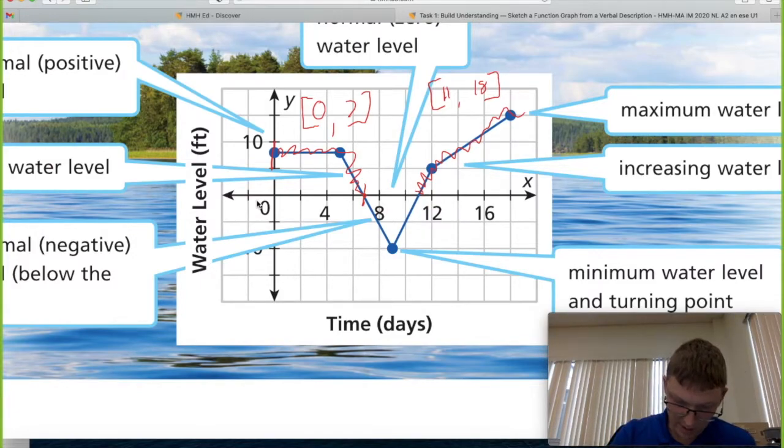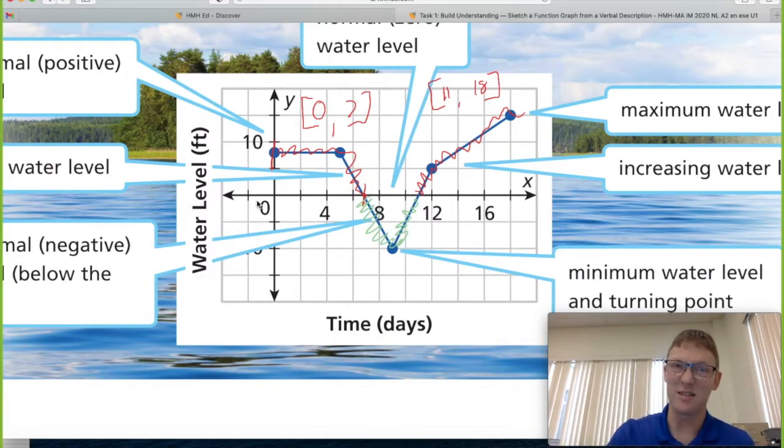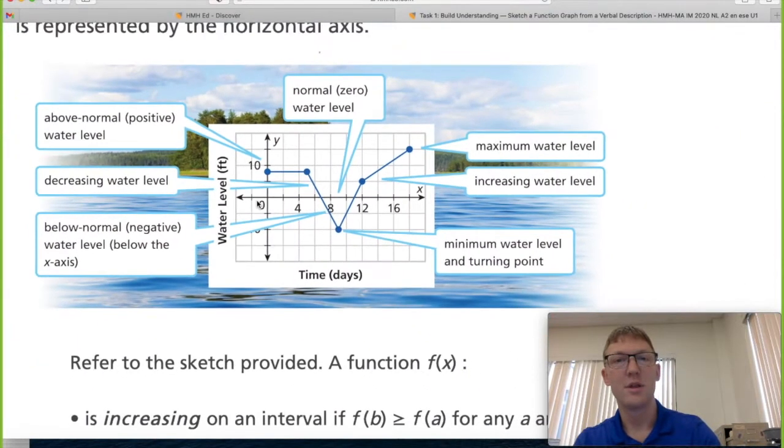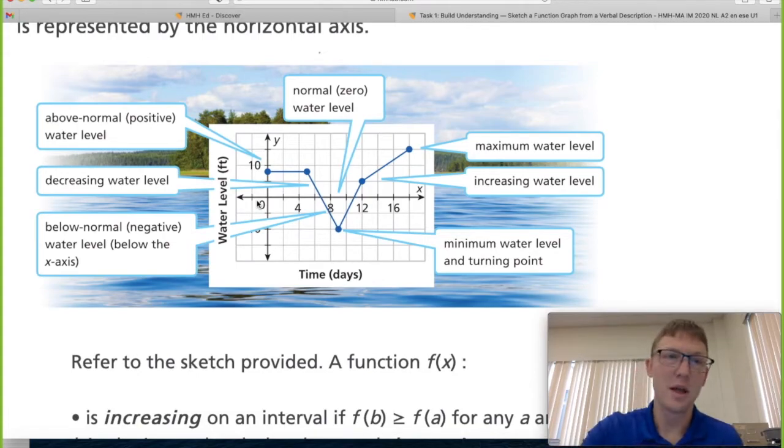Then the exact opposite, the graph is negative anywhere where it is below the x-axis. So that is positive and negative. That refers to these y values over here. So positive, negative. The other two words that I wanted to mention are increasing and decreasing.